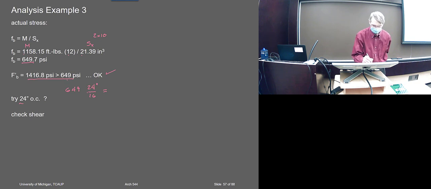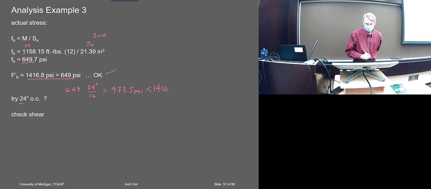Right, this is the actual. So I'm just adjusting the actual stress to a different spacing, right? 973.5. Okay, all right, so that's still no problem, way less than the 1416.